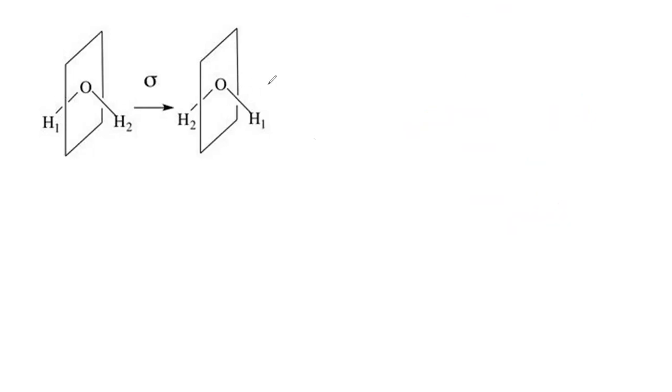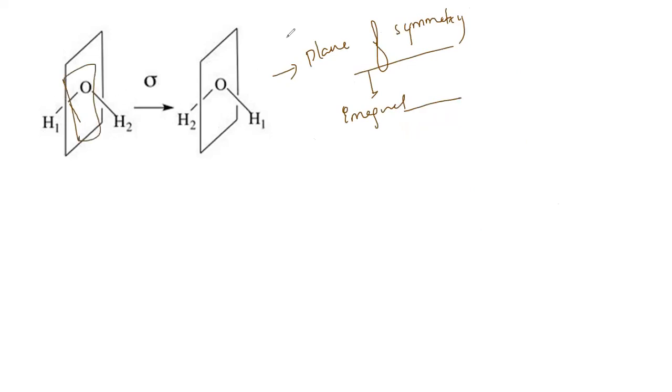This is called the plane of symmetry. It is an imaginary plane which bisects the molecule into two equal halves.